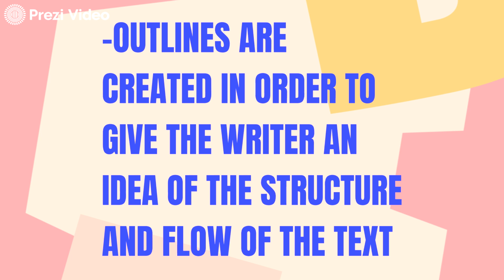Now, failure to plan in terms of the structure of your text might eventually lead to catastrophic results. It will be very, very difficult for a writer to edit the text or an essay when he or she decides to proceed to the writing of full paragraphs. Okay, it will be very difficult to reword and restructure the whole thing.